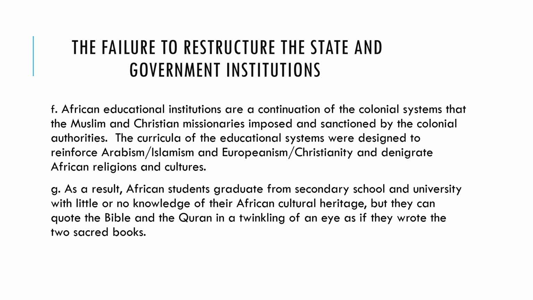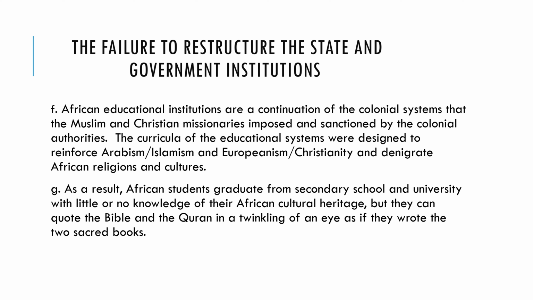African educational institutions are a continuation of the colonial systems that the Muslim and Christian missionaries imposed and sanctioned by the colonial authorities. The curricula of the educational systems were designed to reinforce Arabism, Islamism, and European culture and Christianity, and denigrate African religions and cultures.